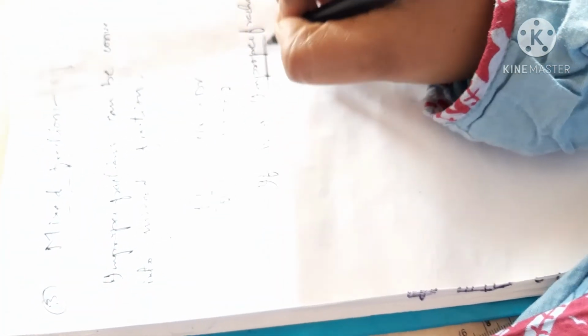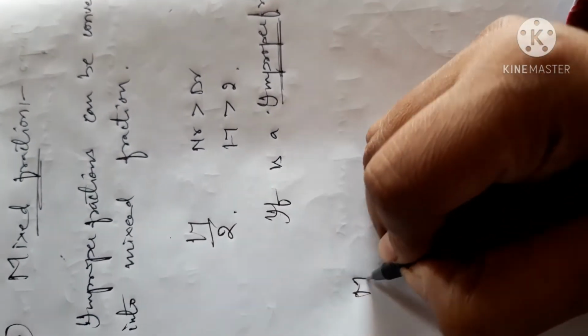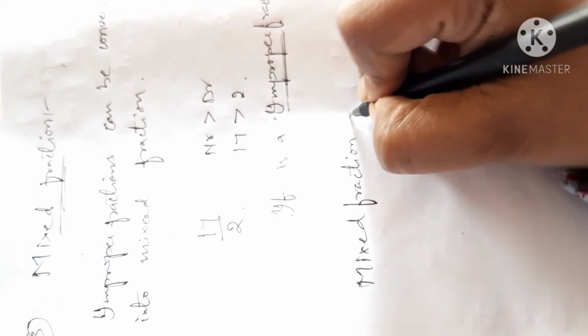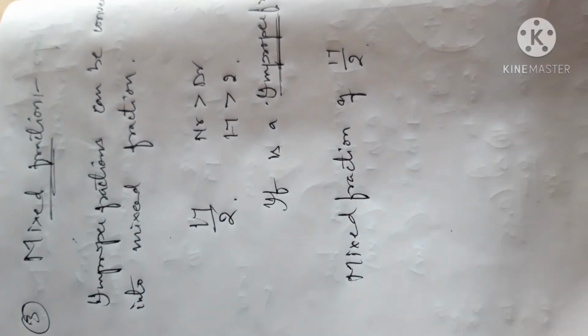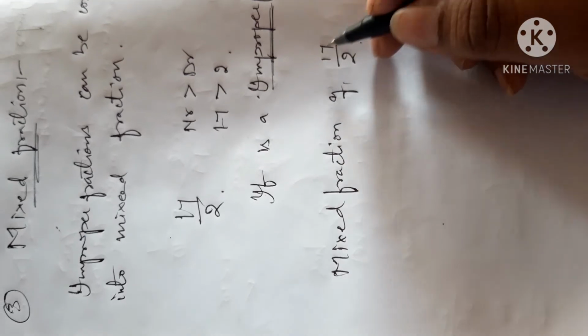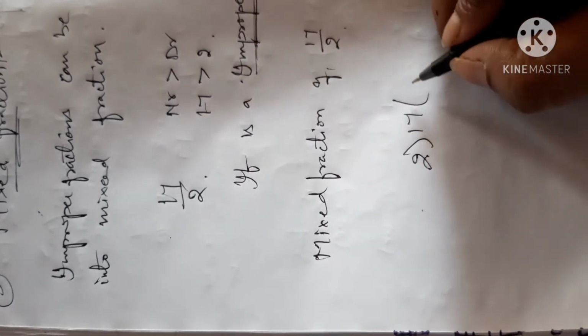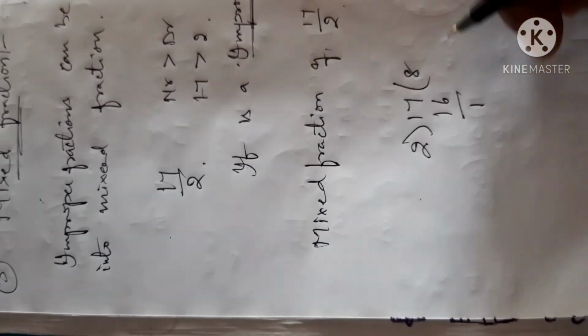Only improper fractions can be converted into mixed fractions. So how to convert it into a mixed fraction? The mixed fraction of 17 by 2: simply do the division. 17 you are dividing by 2. 2 eights are 16, remainder 1.